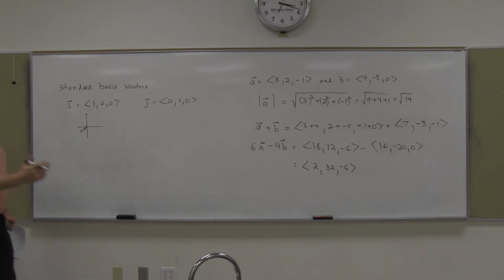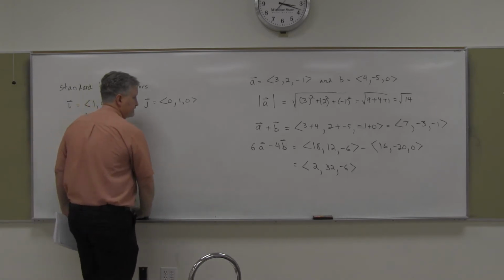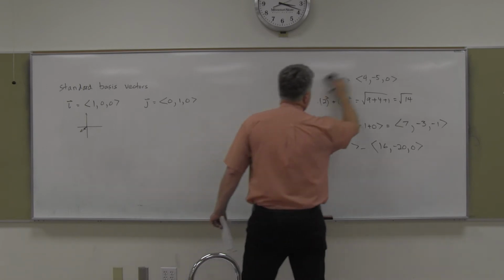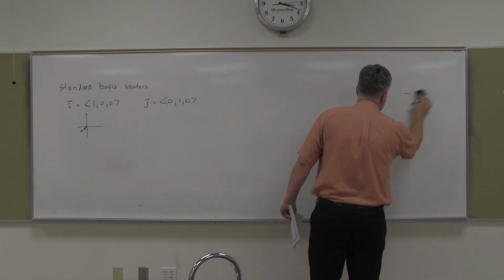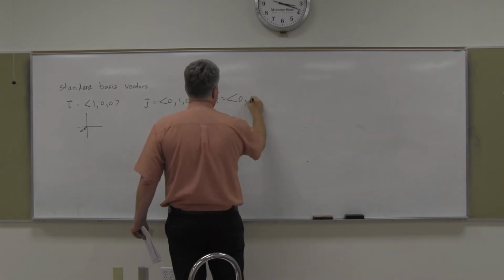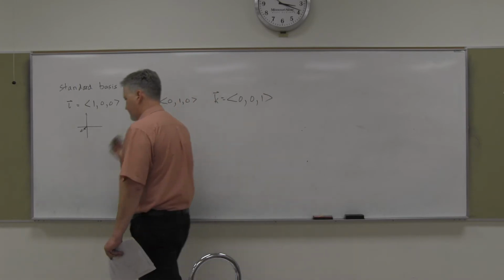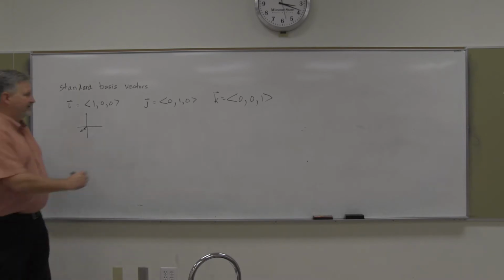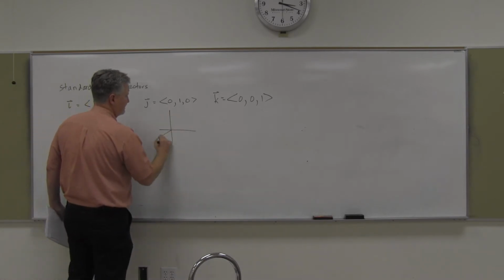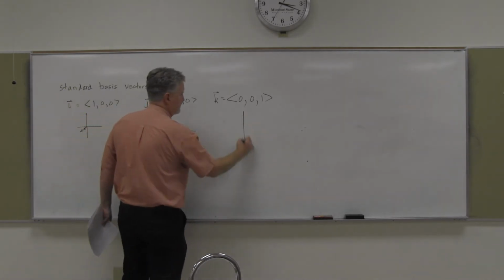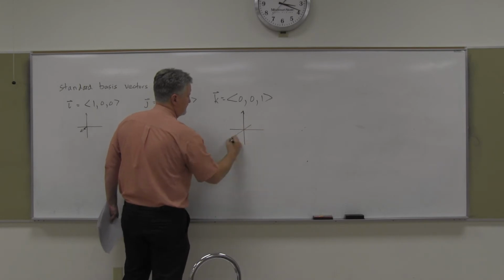And then you've got the K in the z direction. 0, 0, 1. So 0 in the x, 0 in the y, and 1 in the z. I'm going to draw those two. That one's only 1 unit long in the y direction, and this one's 1 unit long in the z direction.